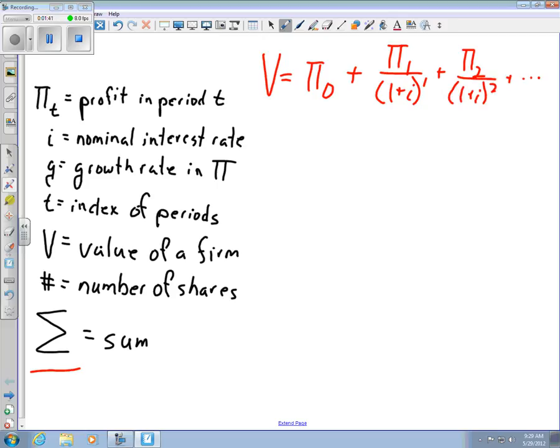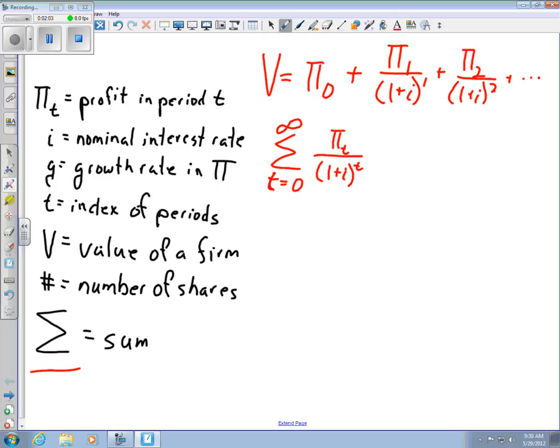And we keep going out like that. And that can be written as the sum of t equals 0 to infinity, we're going out forever, of pi t over 1 plus I to the t.